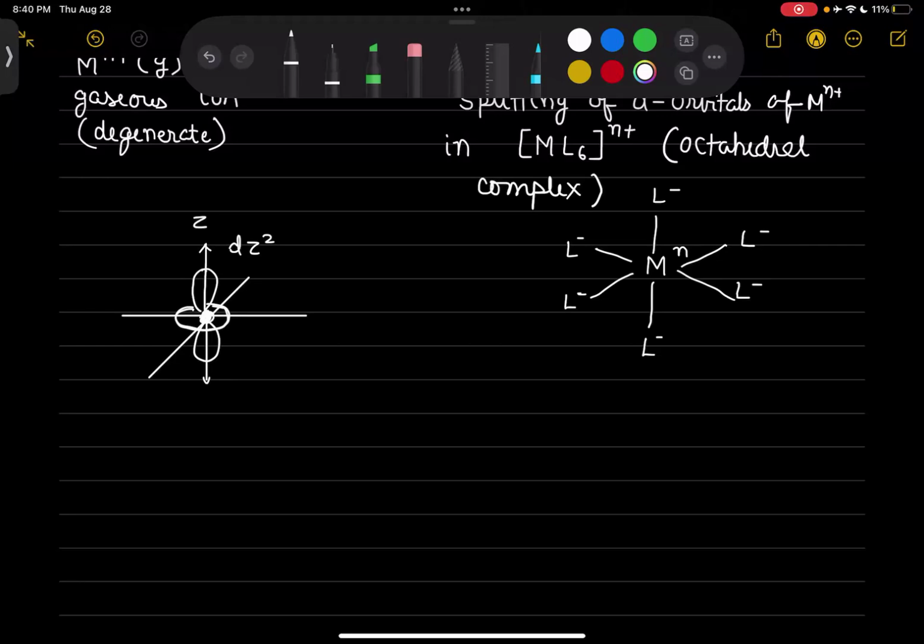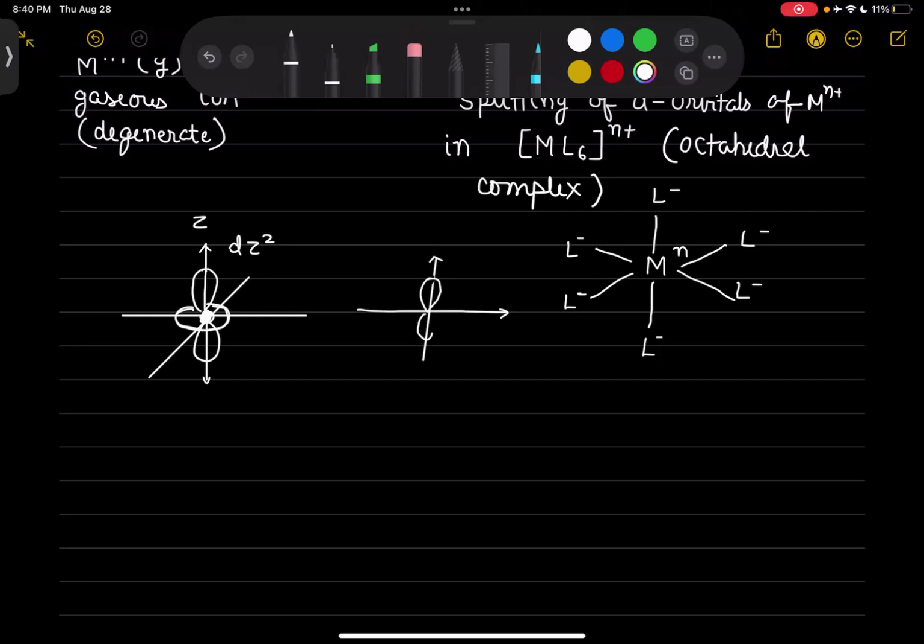Similarly, you have dx2-y2. I'm not showing all the 3 axes to make the diagram simpler. Okay, this is the x-axis and this is the y-axis. The z-axis is perpendicular, coming out of the plane of the paper. I'm not showing it just because I don't need it.